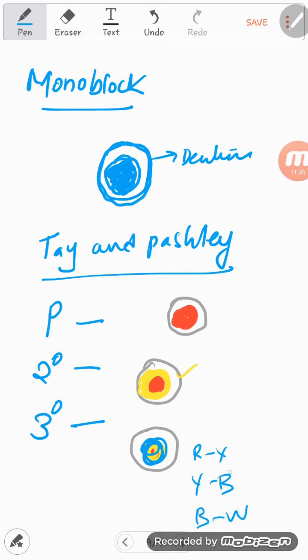So you are going to have interfaces between the post and the bonding agent, root canal material and the bonding agent, and the resin and the cement. So you are going to have three interfaces in the tertiary monoblock, two interfaces in the secondary monoblock, and one interface in the case of primary monoblock. This is one of the important concepts that you have to make a note.